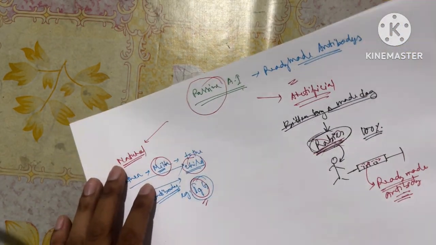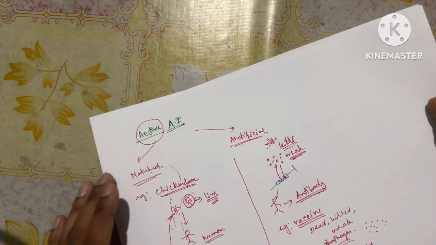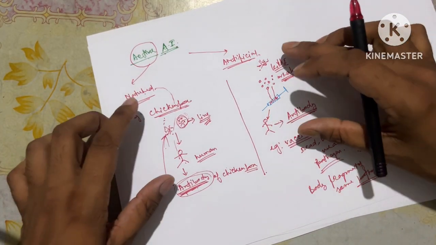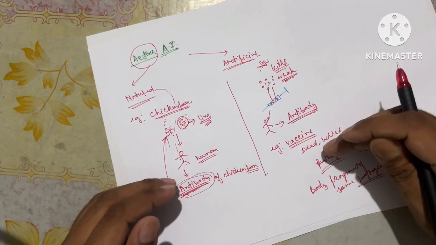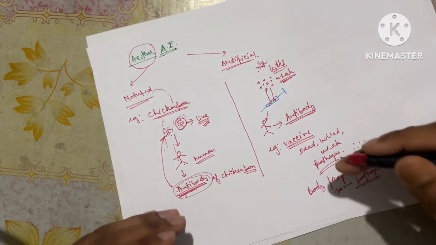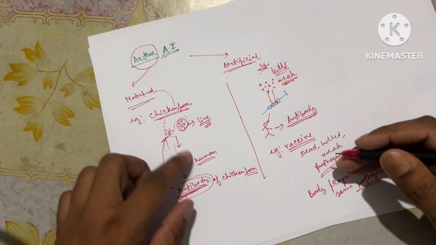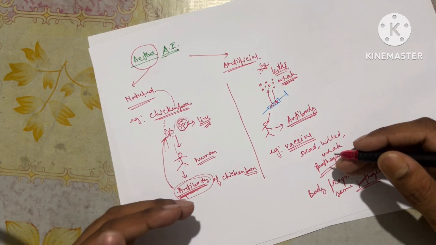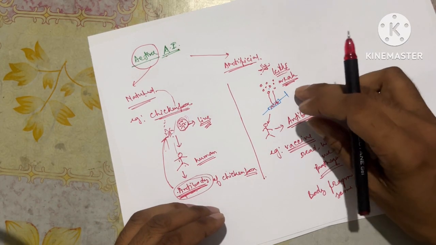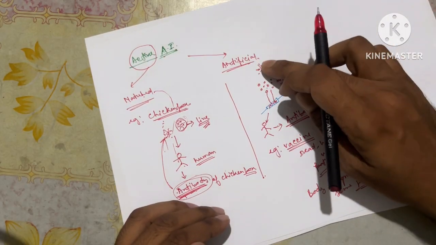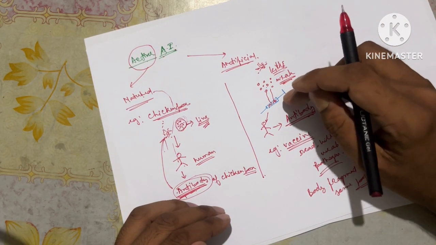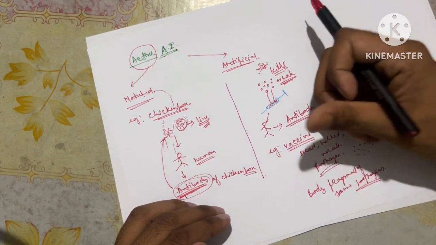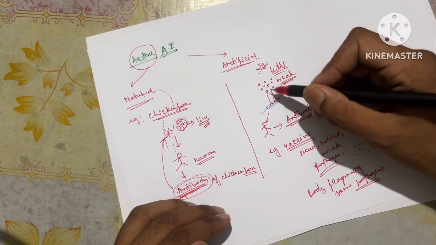And in the case of active, in both cases, the person is developing the antibodies on his or her own. Naturally, when chickenpox enters the human body, they develop the antibodies. In artificial active immunity, we are not injecting the antibody directly as in rabies.